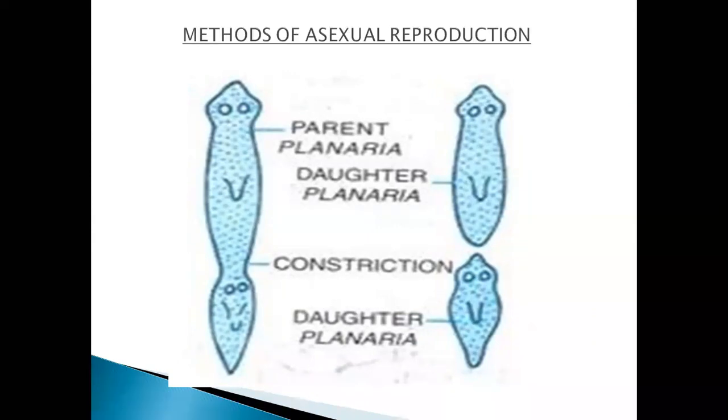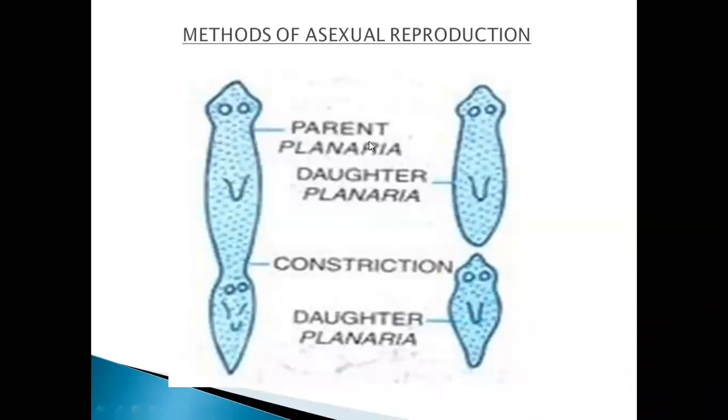Next is how binary fission takes place in the invertebrates, right? They can ask about the fragmentation in planaria. They can also ask how, it's not fragmentation, it's binary fission, sorry. So they can also ask how binary fission takes place in the invertebrates. And you know that for invertebrates you have this example, and this example is planaria.